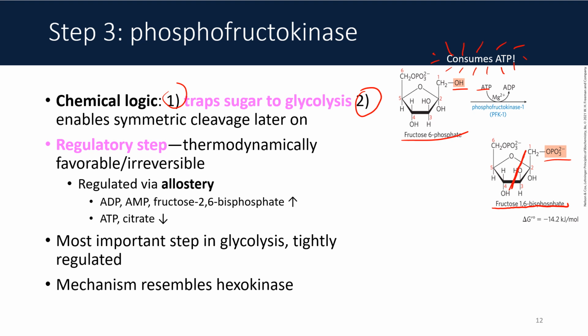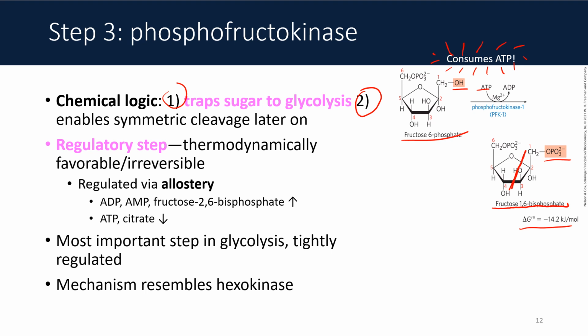And by adding a phosphate onto the one position, it ensures that both halves will have an activating phosphate on it. What makes this step such a powerful gatekeeper, such a powerful choke point, is its, again, very exergonic nature. It's a very low reaction delta G, which is around negative 14 kilojoules per mole.